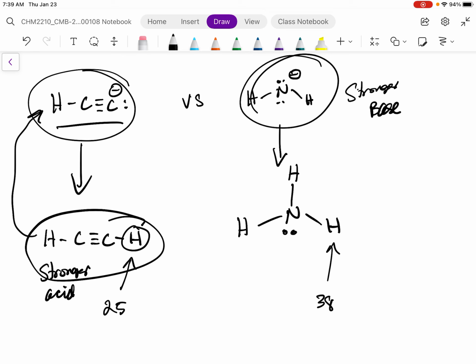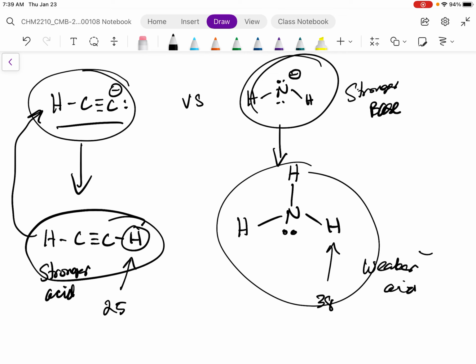Or you could say, hey, that's the weaker acid, so that makes its conjugate base the stronger base. You could view it like that if you'd like. But that's how you do it, okay? If you know your pKa's.